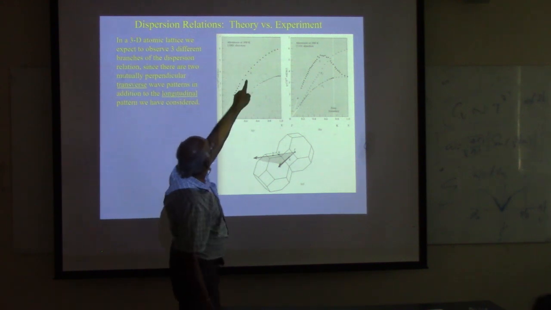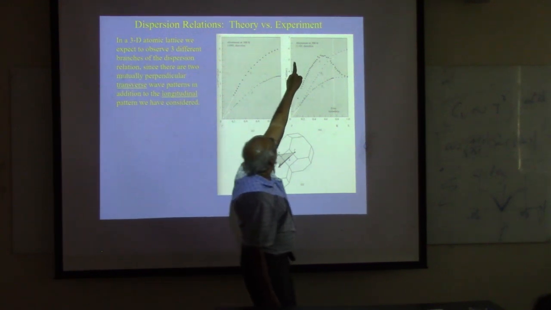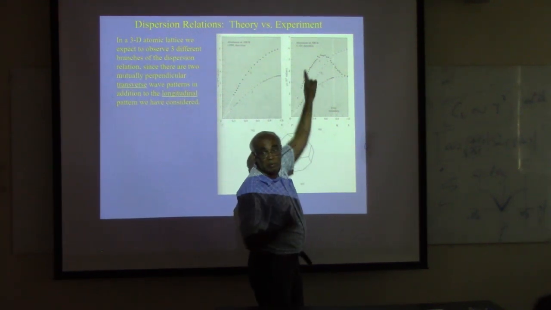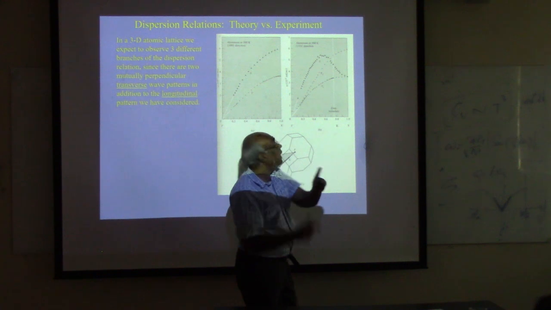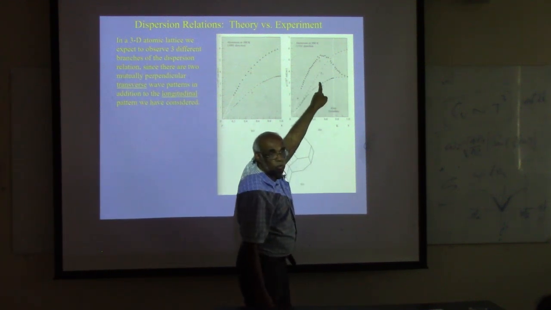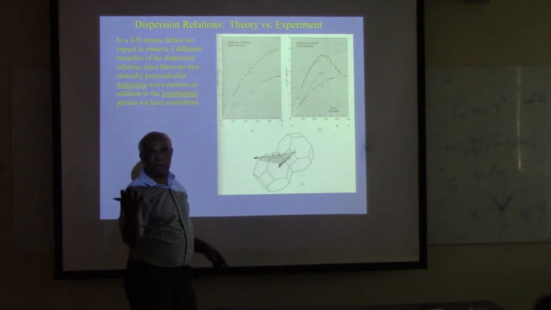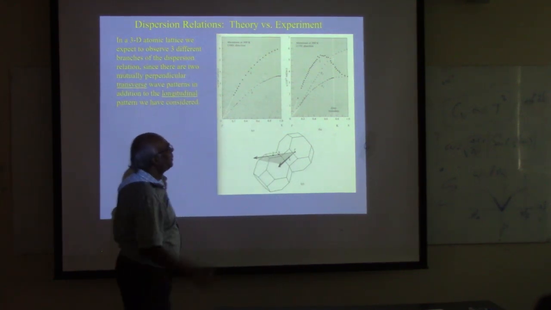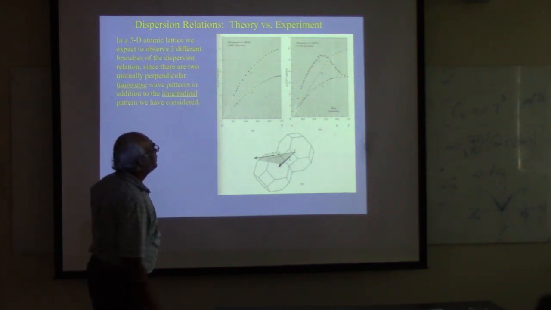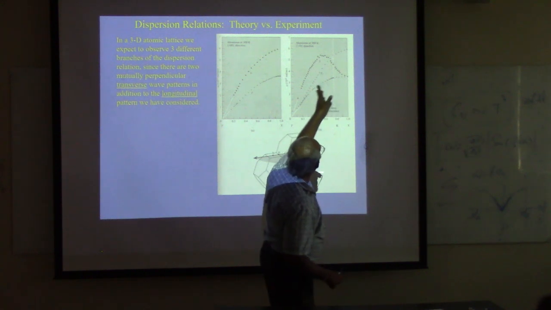But if you go to the 1 1 0 direction, that means they are two different directions. In that case you will see one longitudinal and two transverse ones. Because in 3 dimensions you should expect to have 3 modes, right? But it also depends on what direction. So again, this is your zone boundary here.